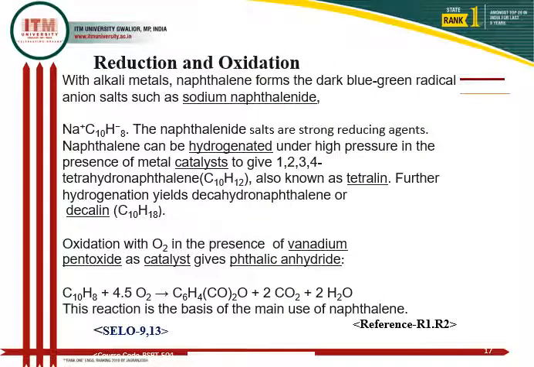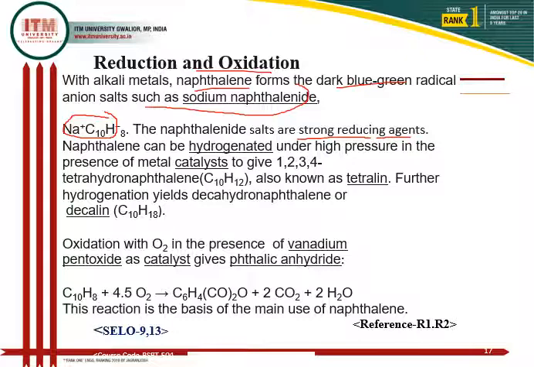Now we see the reduction and oxidation reactions of naphthalene. With alkali metals, naphthalene forms a dark blue-green radical anion salt such as sodium naphthalenide. So here is the sodium naphthalenide, and these salts act as strong reducing agents.